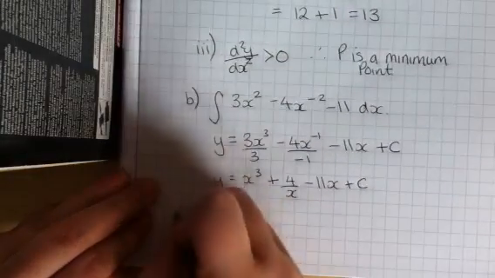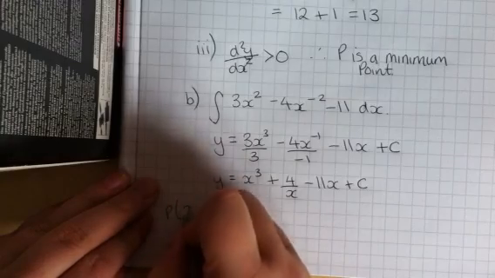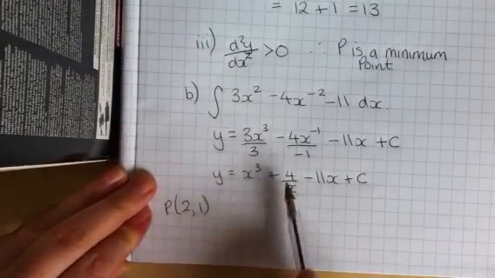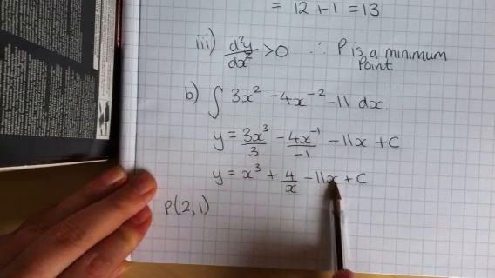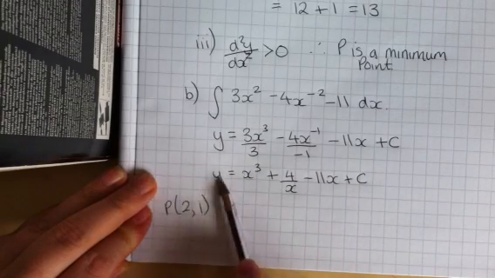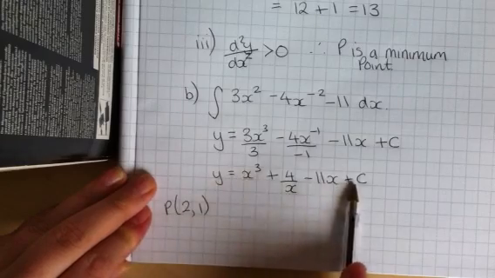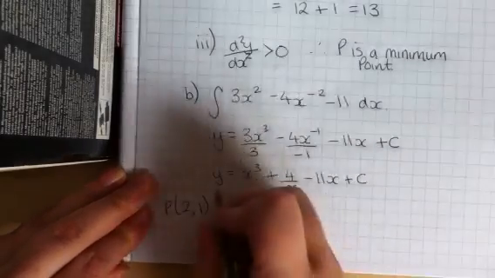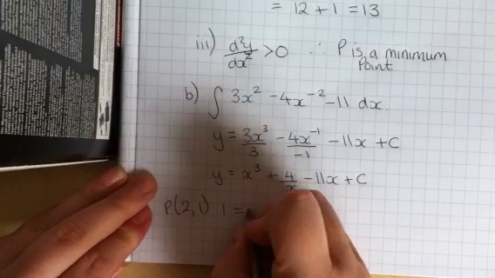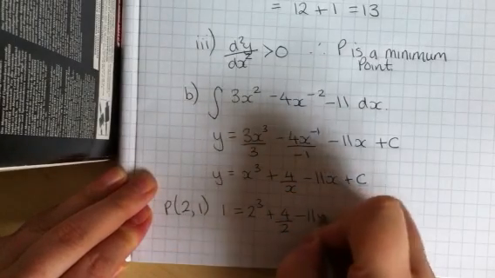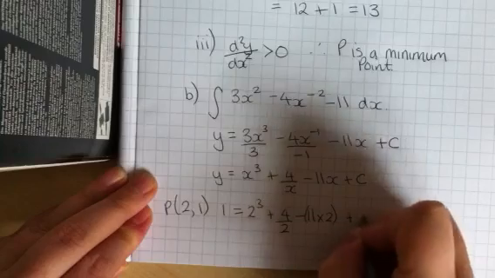Now right at the start of the question it told you that you had a point 2, 1. Now that tells you that 2 goes into the x there, and the x there, and the y value has to go there. And if you substitute those two values, you get rid of the x's and y's and you're left with one unknown, which is your c. So you get 1 equals 2 cubed plus 4 over 2 minus 11 times 2 plus c.